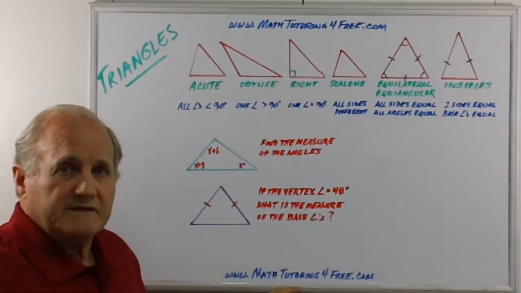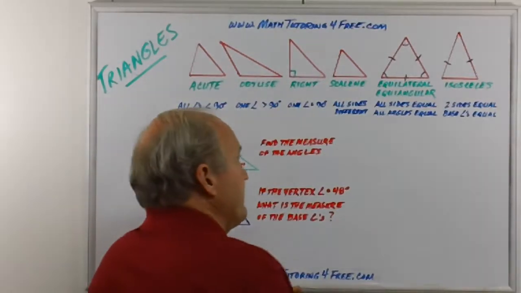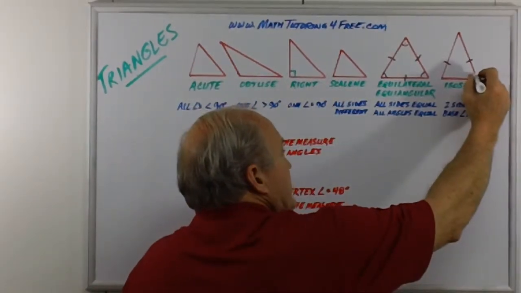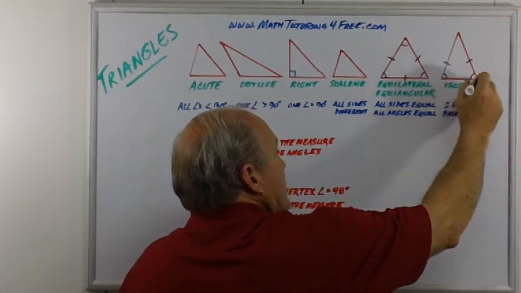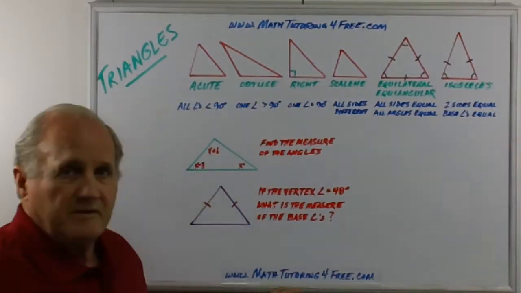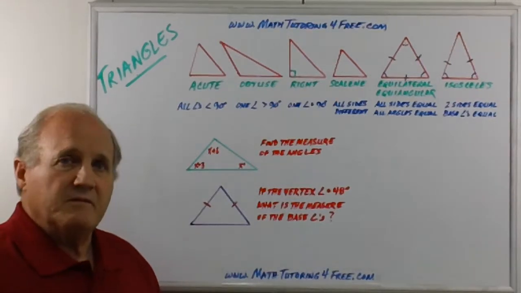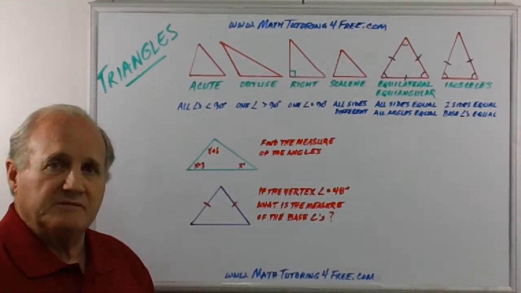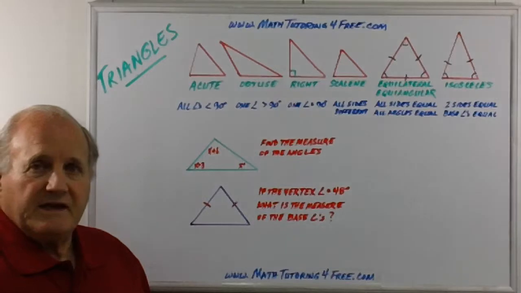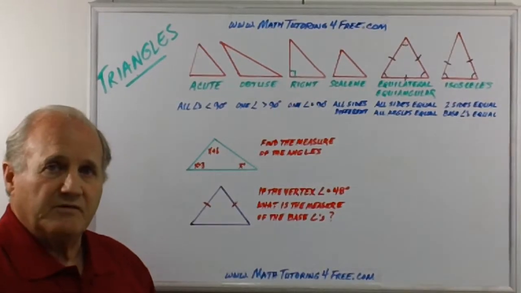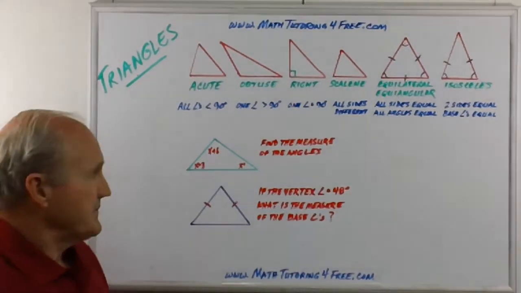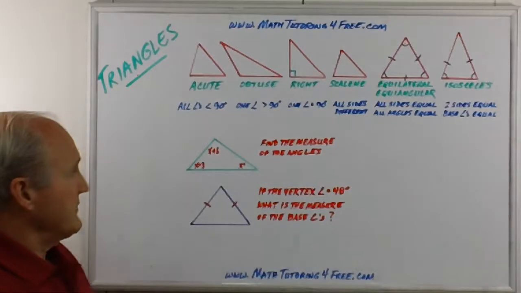And with an isosceles triangle you also have the base angles, the angles opposite the equal sides, also equal. So you need to remember those, because you're going to be given problems of finding the angles, finding the sides, and you need to understand those basic truths about the different triangles.